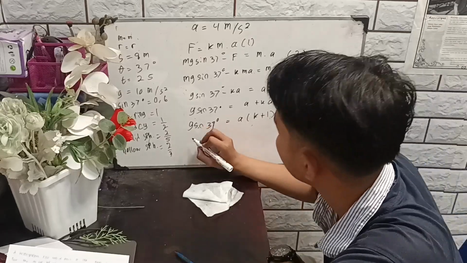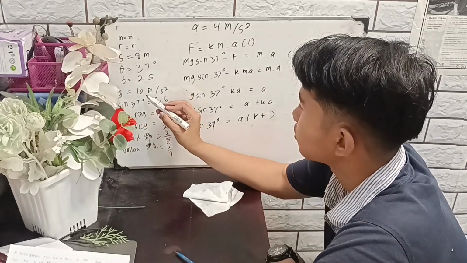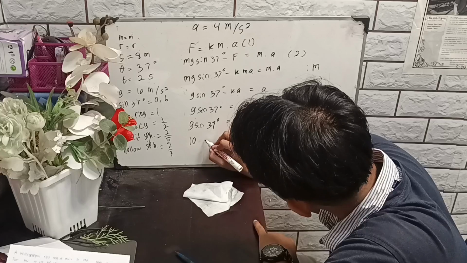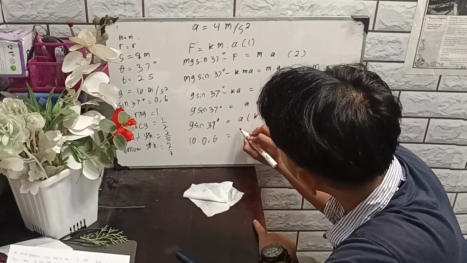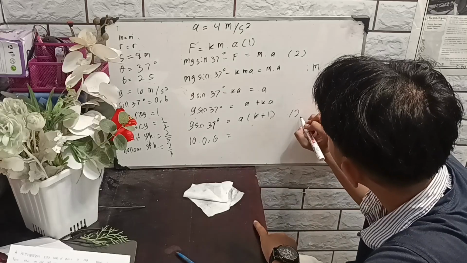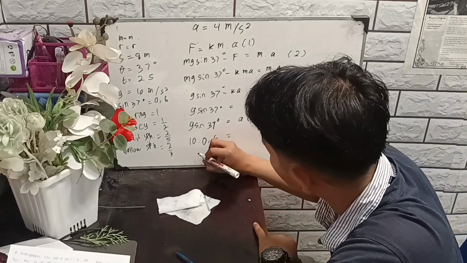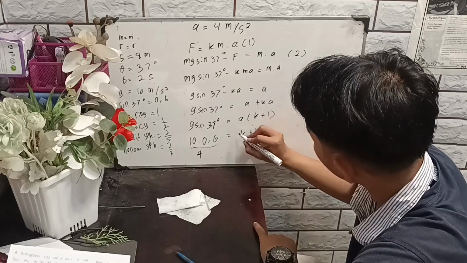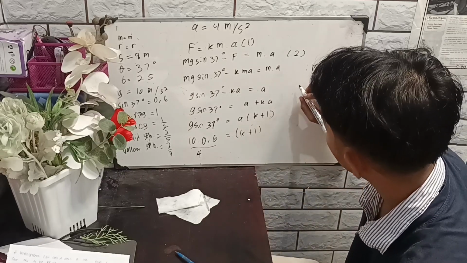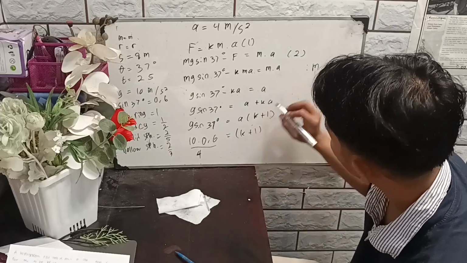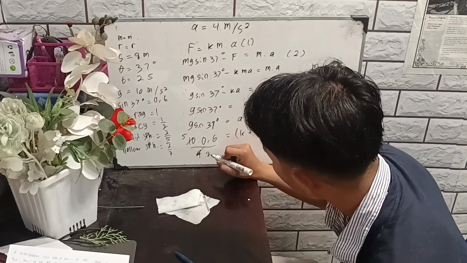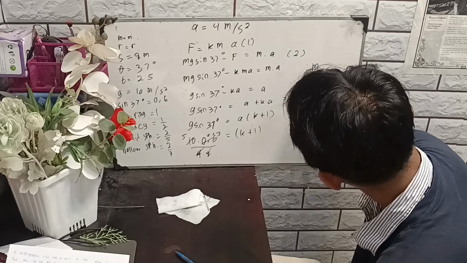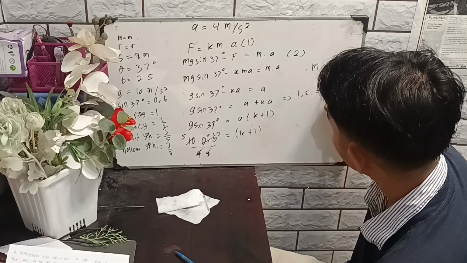Here we know that the gravitational acceleration is equal to 10 meters per second squared, so we have 10 times 0.6 is equal to a times (k plus 1). We divide by a, and a is equal to 4, so 6 over 4 is 1.5, which is equal to k plus 1.